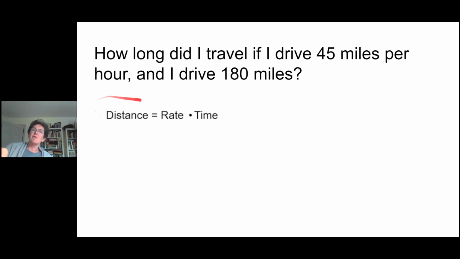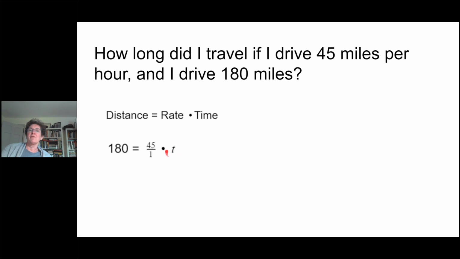So we know our formula. We substitute in what we know. Distance is 180, rate is 45, and time is my unknown. And that looks like this. 180 equals my rate, 45 over 1 times time.